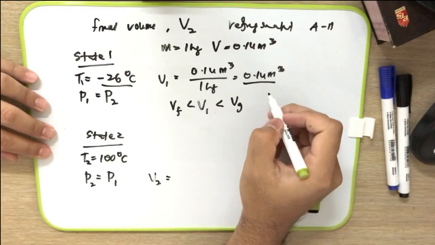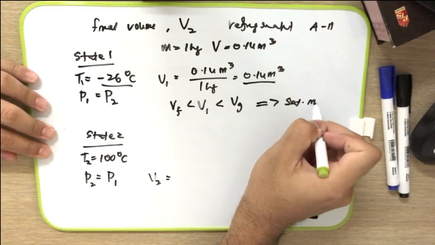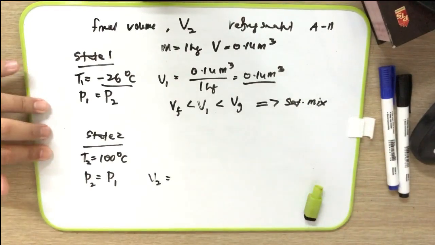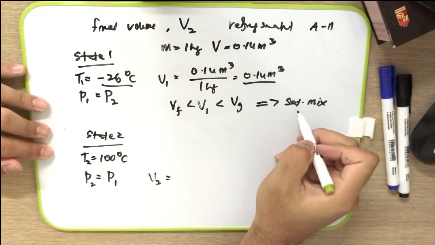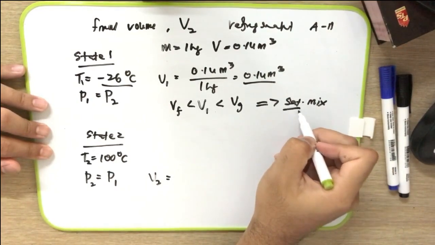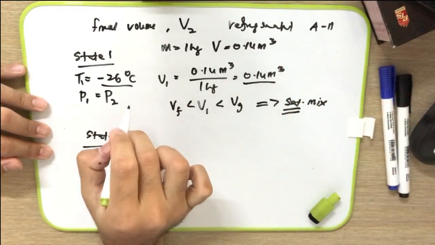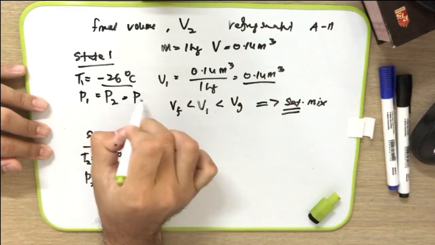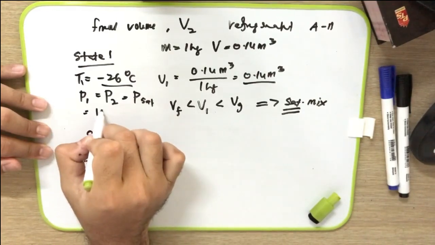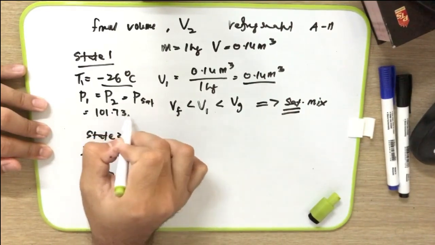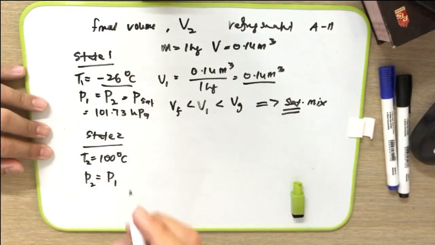So according to the first condition, it is a saturated mixture. Because it is a saturated mixture, from table A11 we just get P equal to P saturated, which is 101.73 kilopascal.